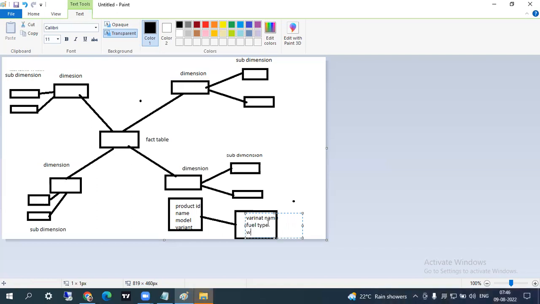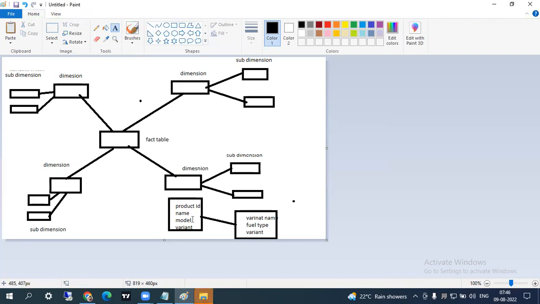And what was its ID? Suppose if you take a car, it would have different variants. For that variant, because it would have a lot of data, you will capture the different characteristics that would be available for that variant. So for a dimension table, you again have a subdimension table. This type of schema, when you are maintaining it in your project, is called a snowflake schema.